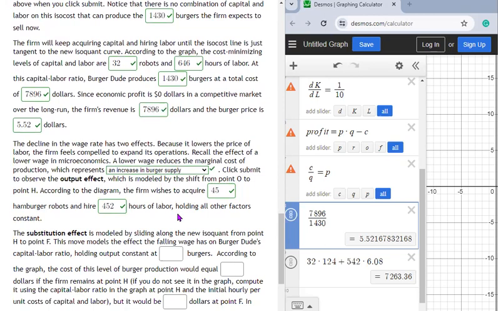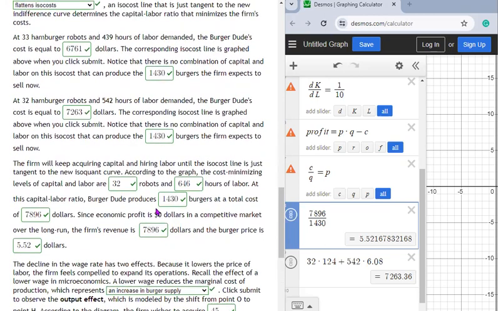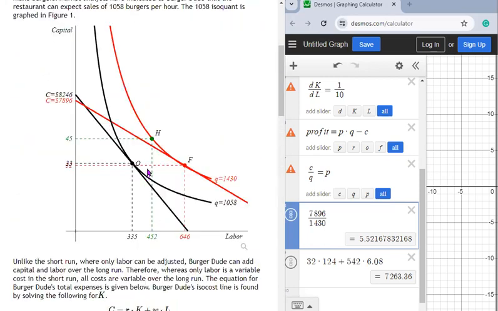Now the substitution effect comes into place. The substitution effect is the slide from point H down to point F. When you slide down this isoquant, the slope is changing. The slope at point H is the same as the slope at point O, because you're going to see this in a second, we're going to have a parallel shift in the isocost line.